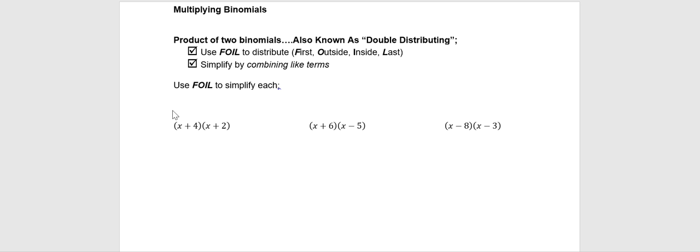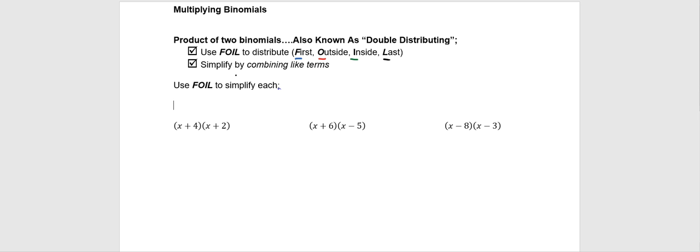And sometimes mathematicians refer to this process as FOIL because there's a certain order in which you distribute that's based on multiplying what we'll refer to as the first terms, followed by multiplying what is referred to as the outside terms, followed by what is referred to as the inside terms, followed by what is referred to as the last terms.